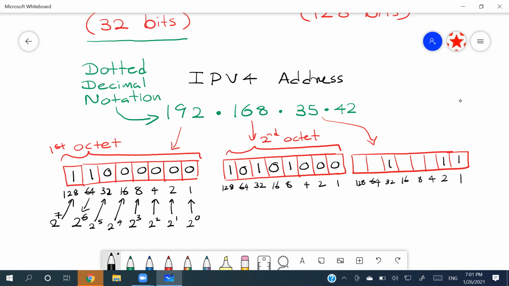So 32 plus 3 will give you 35. So here comes the 35, and this is called the third octet.